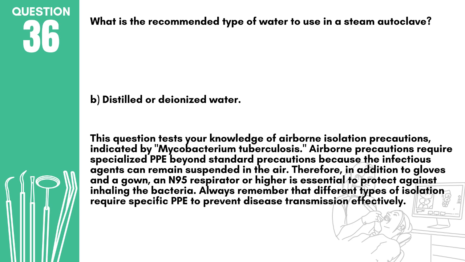Using purified water maintains the integrity of the unit and ensures proper steam quality. For example, you would always refill the autoclave's reservoir with distilled water each morning. Always remember that distilled or deionized water is essential for your autoclave's health and effective sterilization.